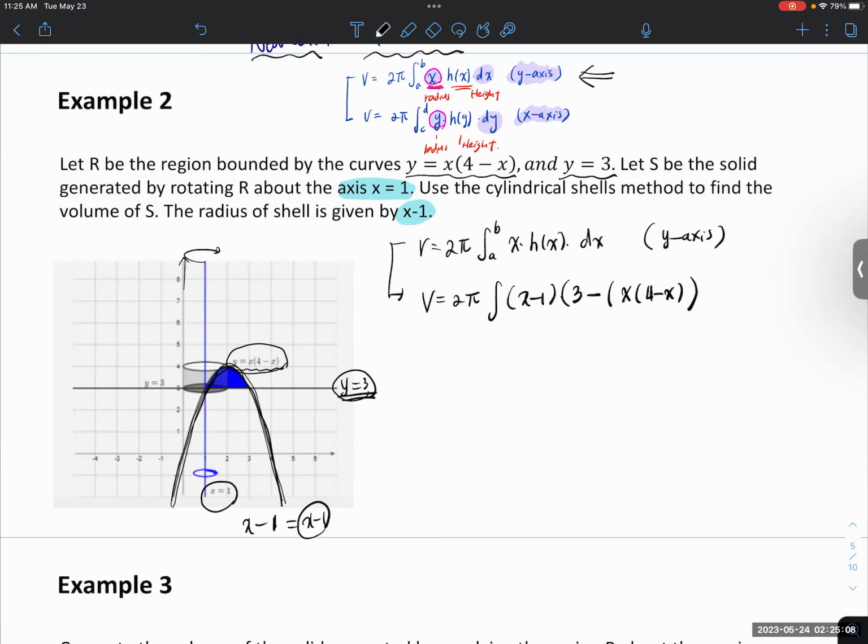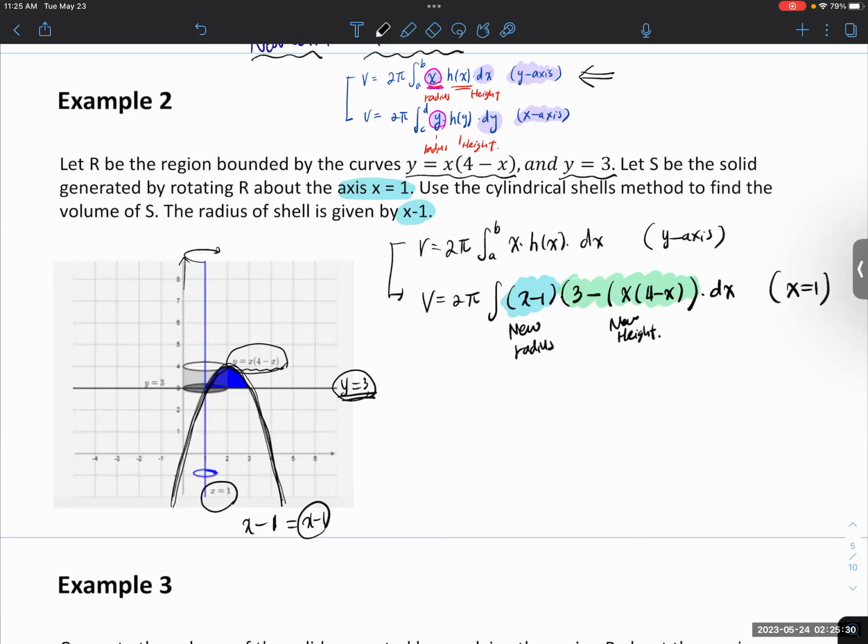Okay, so that's a new height, and you're gonna take the integral. This is rotated at x equal to 1. So I'm gonna highlight it: this is the new radius, this is the new height.